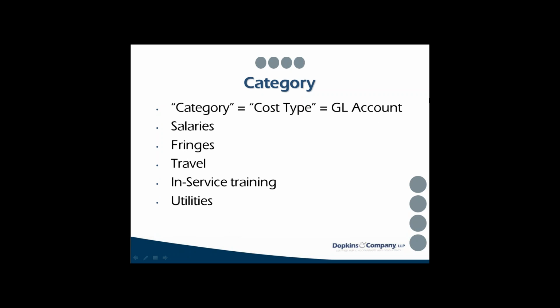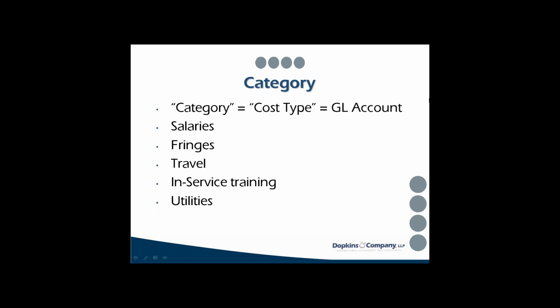Category is the collection of services, activities, costs that I am accumulating, grouped together by the job, the goal for that job. So typical not-for-profit agency, that category is going to be equivalent to probably your general ledger account number.